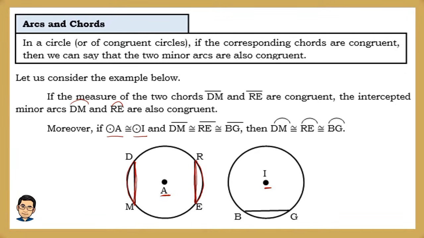So, since yung dalawang circle ay congruent, and yung tatlong chords, DM, RE, tsaka BG, ay congruent, pwede nating sabihin na yung mga minor arcs ay congruent din. Okay, so make sure ma-prove muna natin na yung dalawang circle ay congruent, tsaka yung chords, bago nating sabihin na yung tatlong minor arcs are congruent. So, I hope it's clear.